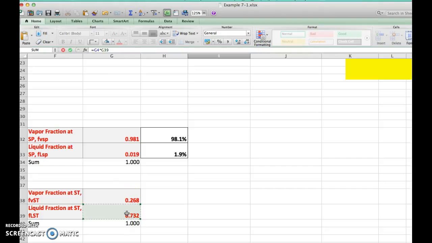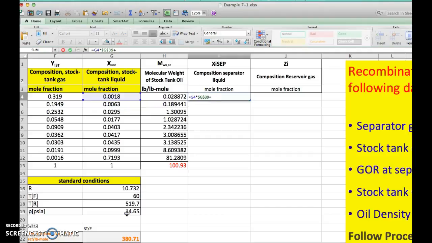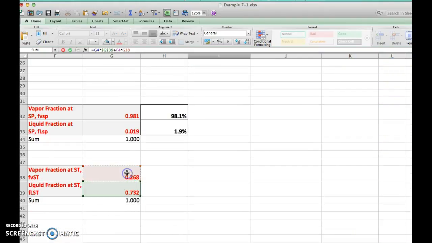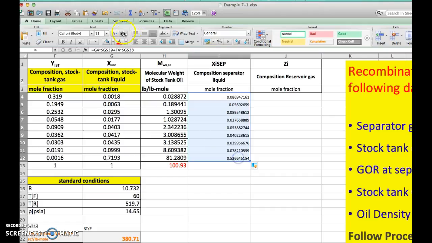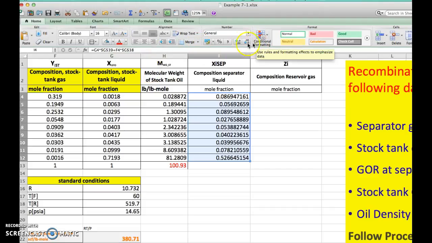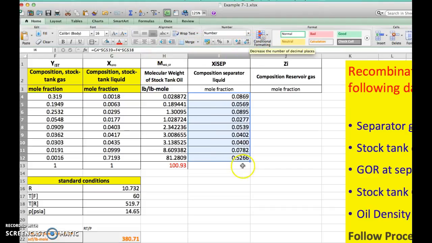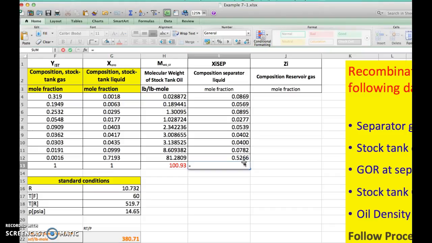I want to make this constant, so plus composition of gas multiplied by the fraction of gas at the stock tank, and I'm going to make this constant so it's not changing, and I will drag this down for all of them, and the summation of this, let's make it a little bit beautiful. Okay, this is good enough, and summation of this should be equal to 1. Sum this should be 1.